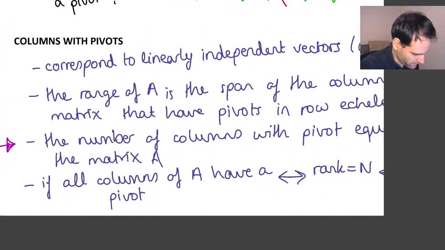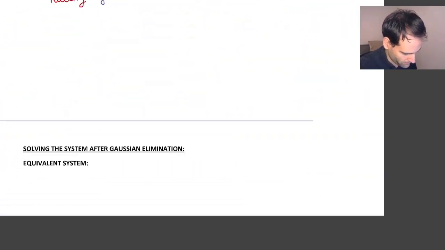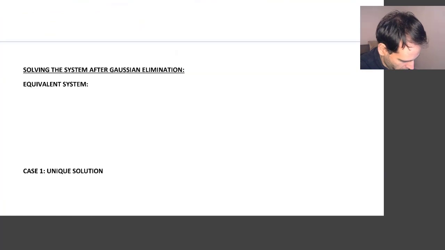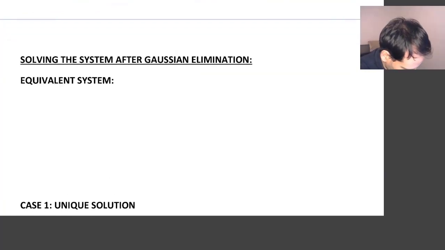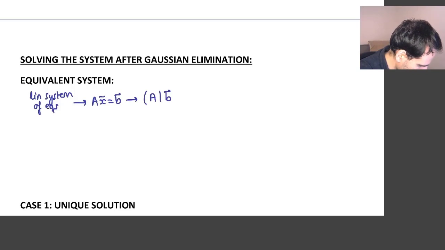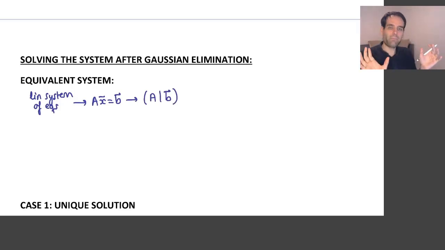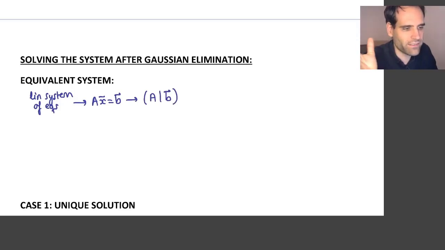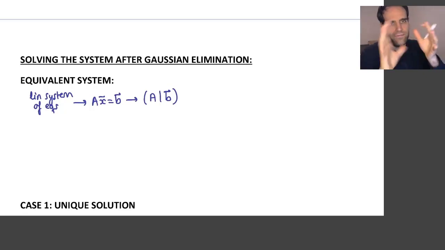So let's rewrite those steps here. We started with a linear system of equations. We wrote it as A times x equals b, or better yet, we wrote it as the augmented matrix A and b. So far these three steps are not really steps, it's just rewriting things in different formats.